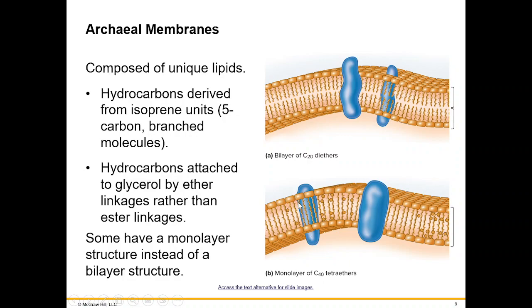So one layer, one solid molecular structure with two polar heads on both ends, and then two very, very long tails. And if you look at their tails, they actually have cyclic hydrocarbons in their monolayer structure.